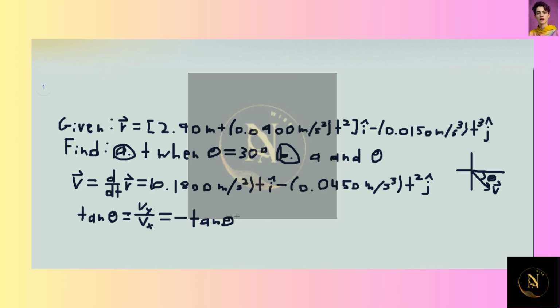So now we already know Vy, the y component of the velocity, so we can just plug that in. I'm just going to get rid of the units now, just to make it simpler.